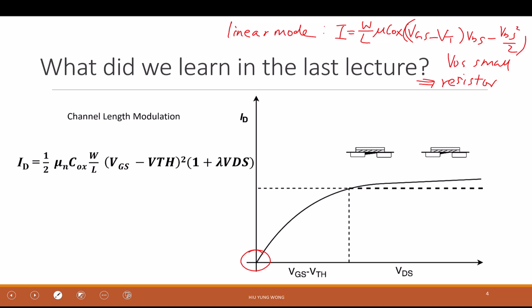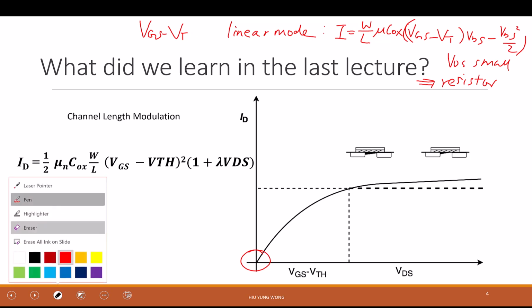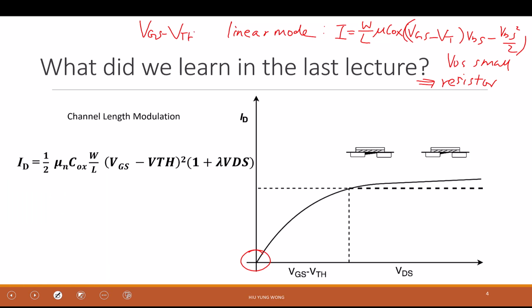But then when the VDS increases, for large VDS, when do we have the linear mode? Do you remember under what situation? Less or large? We're talking about small VDS, right? So do you want it to be less or large? There's a way to memorize.